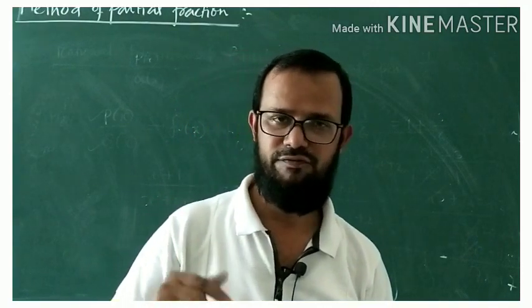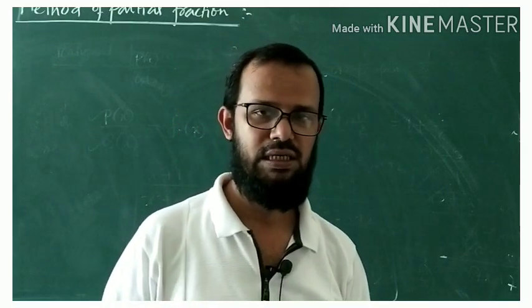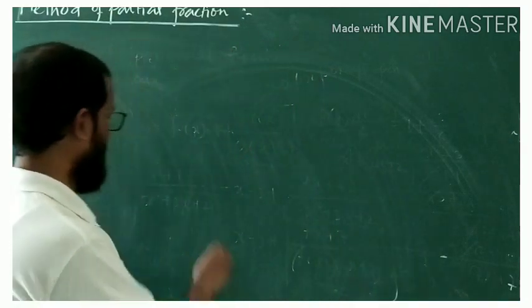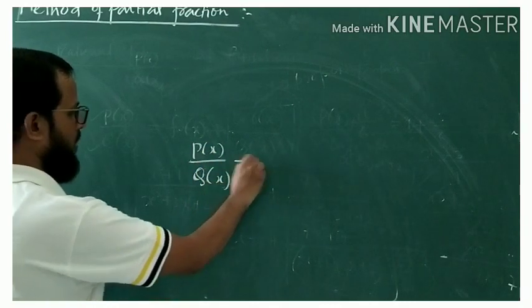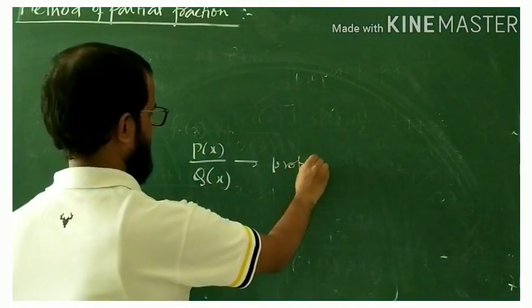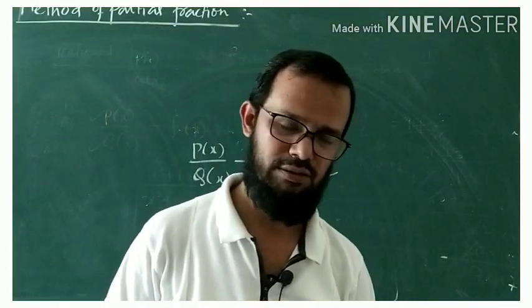The rule is, divide the numerator by the denominator and express this improper fraction px by qx as a proper one, and that proper one can be resolved into a partial fraction.